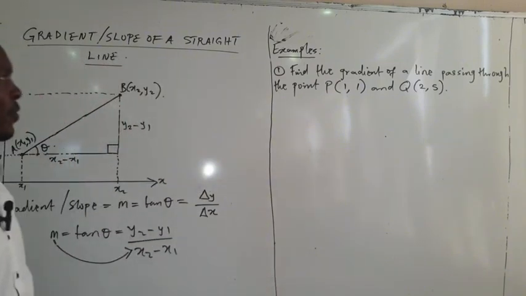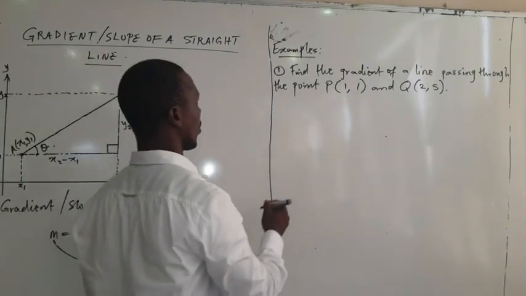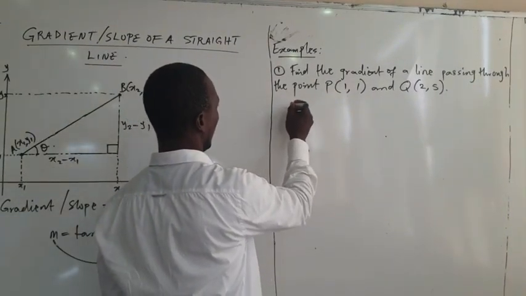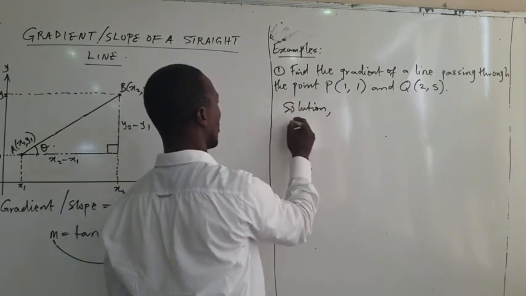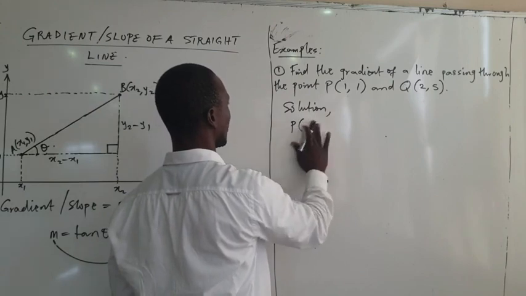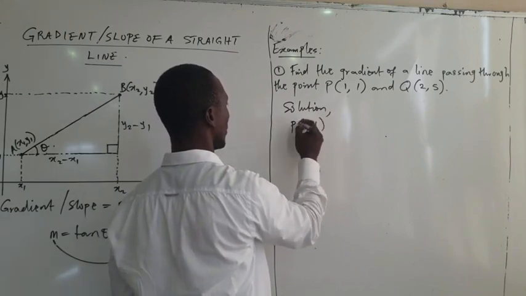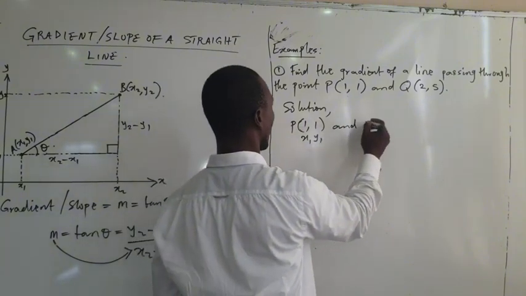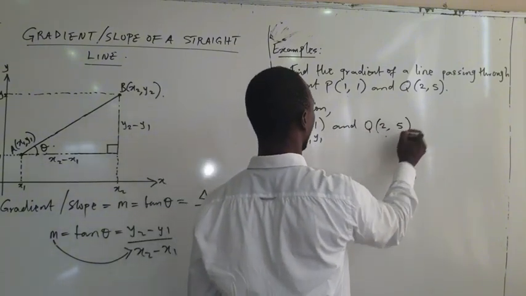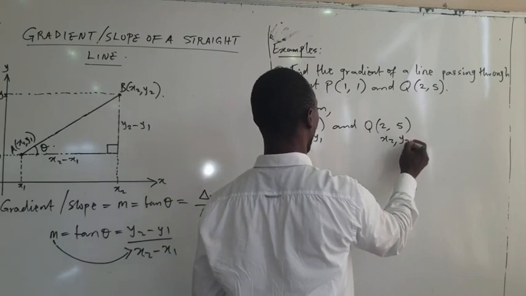To get the gradient of this line, we are going to have the solution. We have P of coordinates 1, 1, which is x1, y1, and Q of coordinates 2, 5, which is x2, y2.